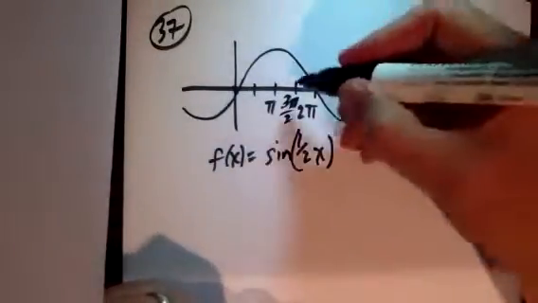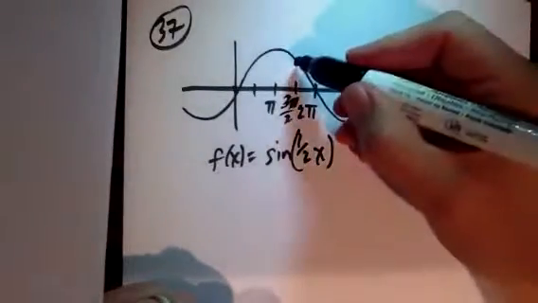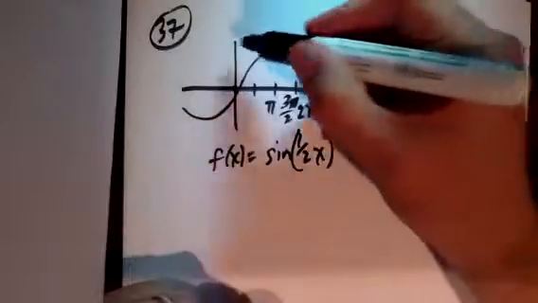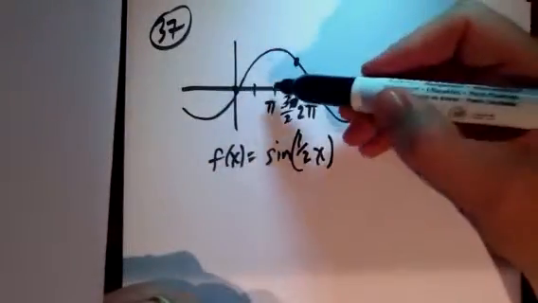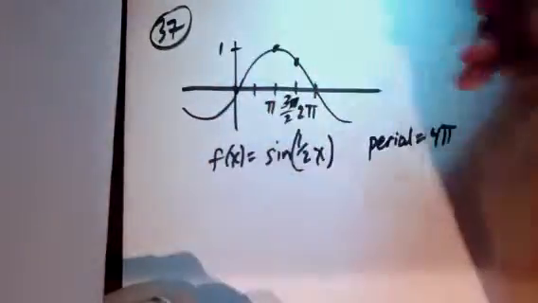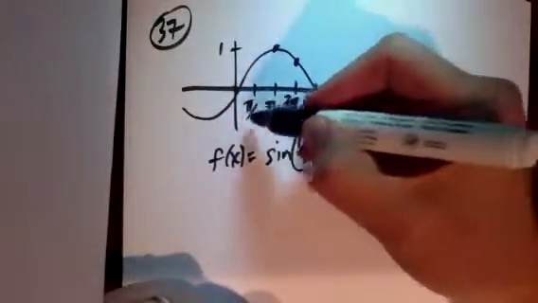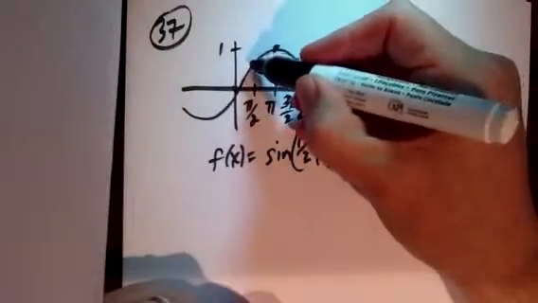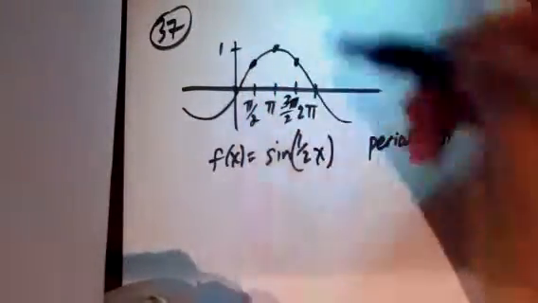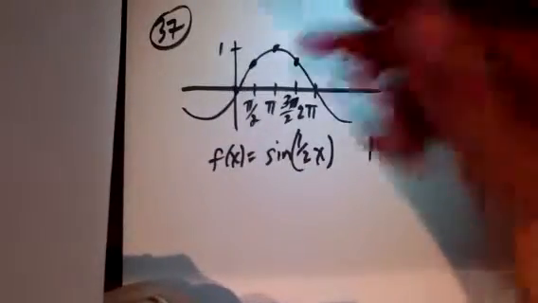And at 3 pi over 2, we can evaluate the function and get a value right on the graph. When you evaluate the function at pi, you're going to have a point on the graph. In fact, that'll be the peak, which is at 1. And at pi over 2, you're going to evaluate the function, and you'll get an output that is equal to that point on the graph.